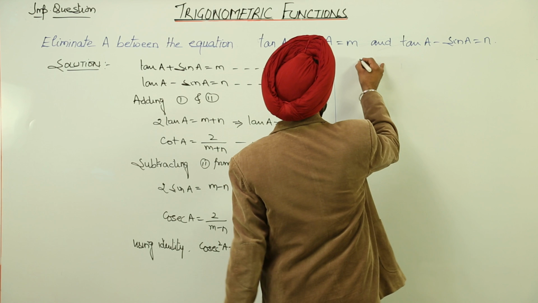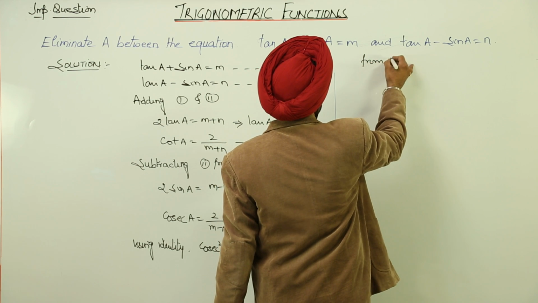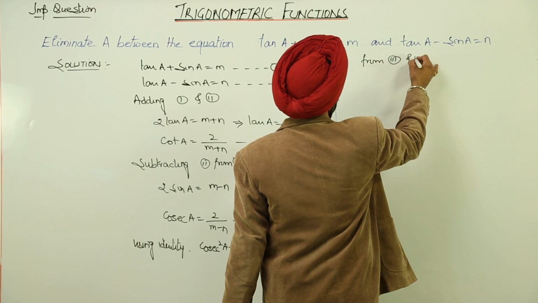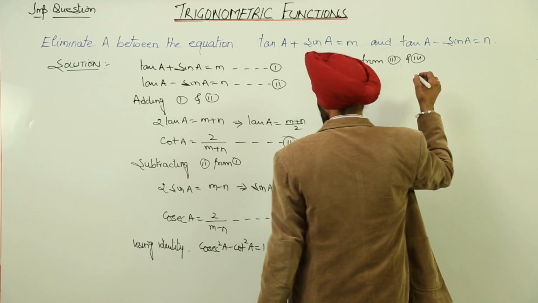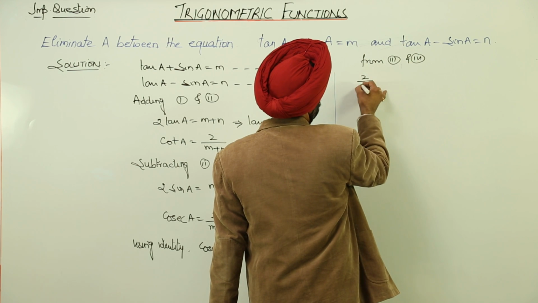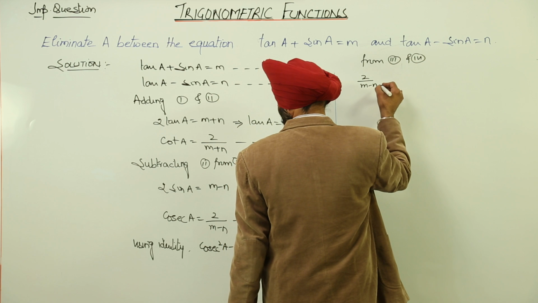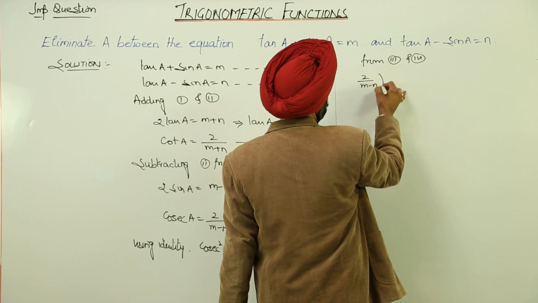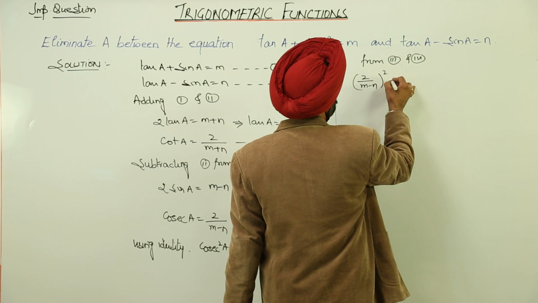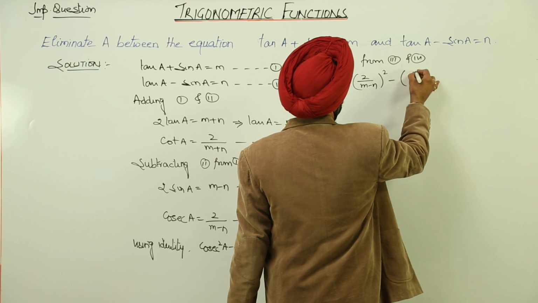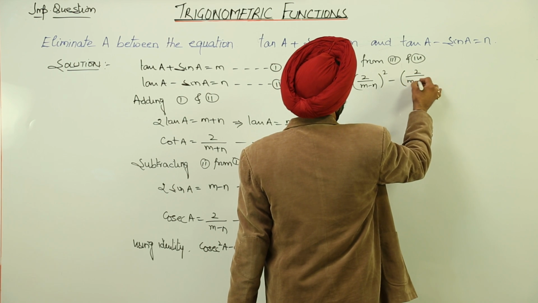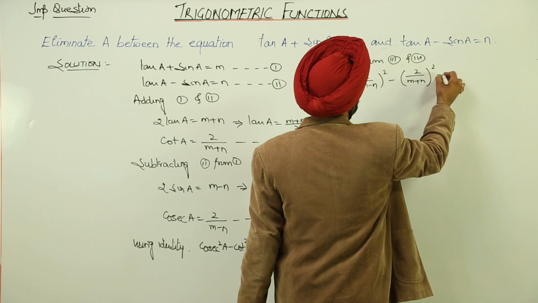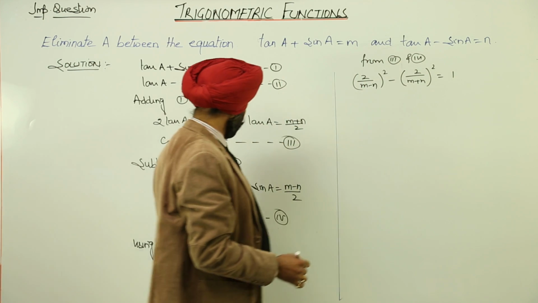Now from 3 and 4, 2 upon m minus n whole square minus 2 upon m plus n whole square is equal to 1.